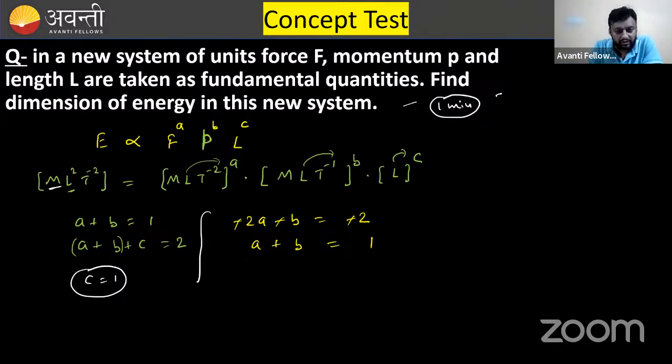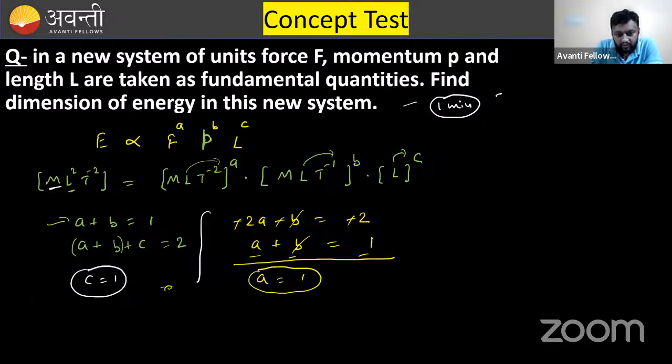You can solve the equations. A is equal to 1. C is equal to 1. And if you put A equals 1 in this equation, you will get B is equal to 0. So now you got everything: A, B, and C.